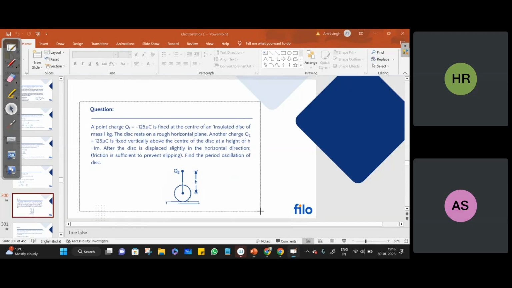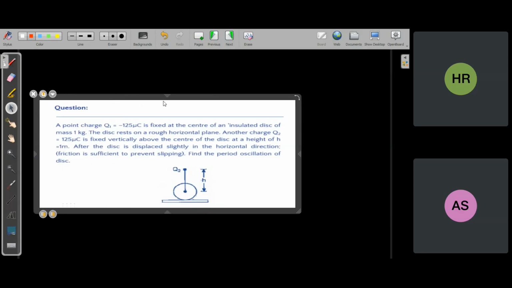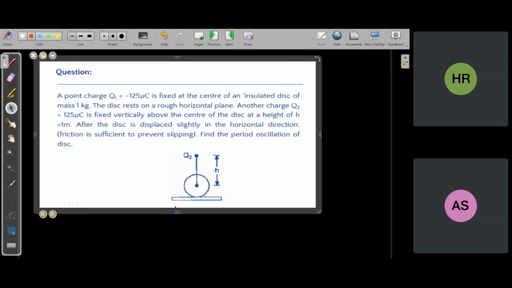This one is still good. I think it involves some other concepts as well. You can try this.